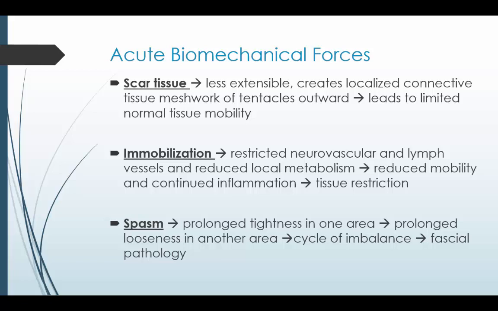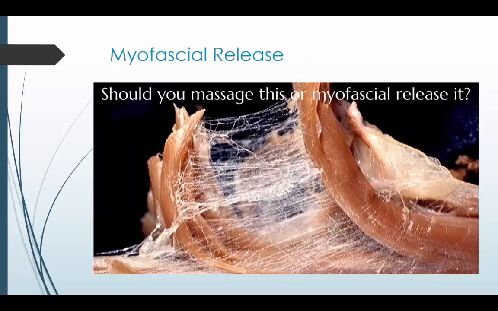Spasms can also influence the fascial system by producing prolonged tightness in one area that causes another area to compensate with prolonged looseness, initiating a cycle of imbalance and fascial pathology. The term myofascial release has been referred to as soft tissue mobilization.